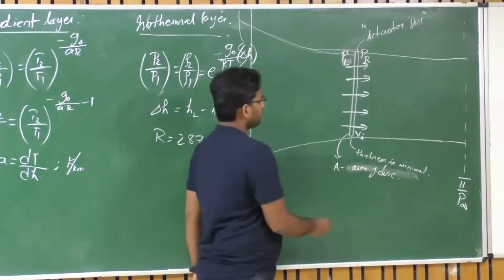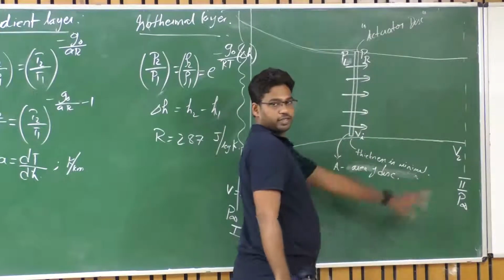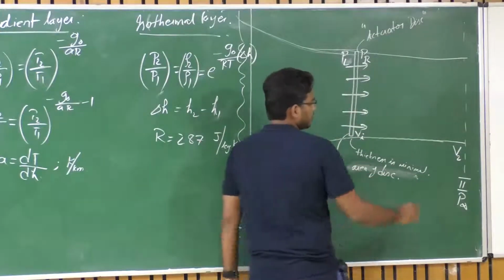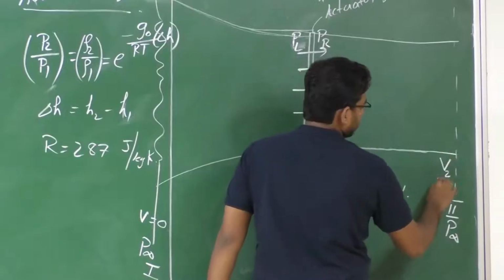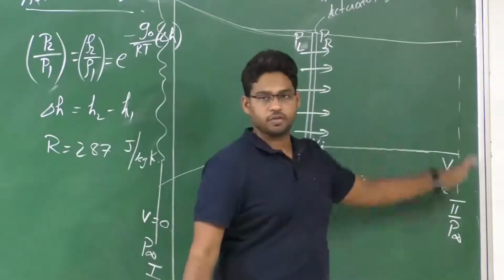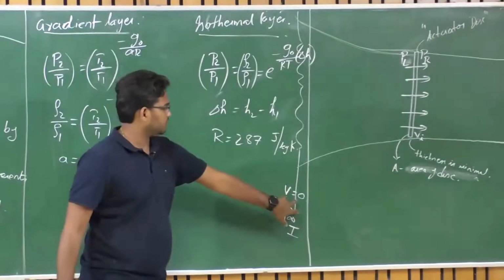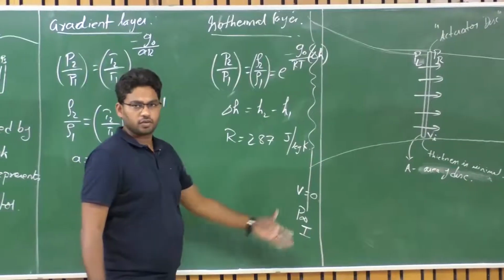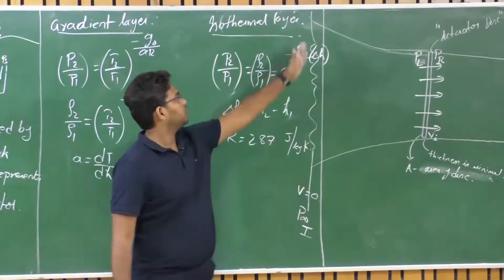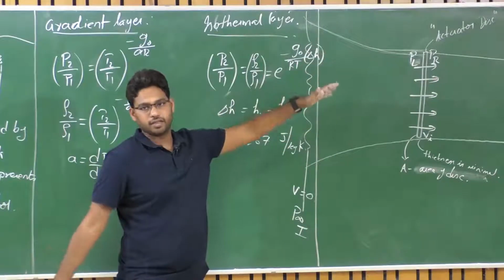Let V2 be the velocity at station 2 where pressure equals P infinity, and let A2 be the corresponding cross-sectional area of this stream tube. For this velocity to be close to 0, the area of the stream tube has to be very high.